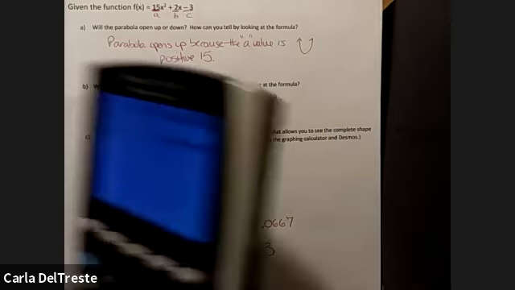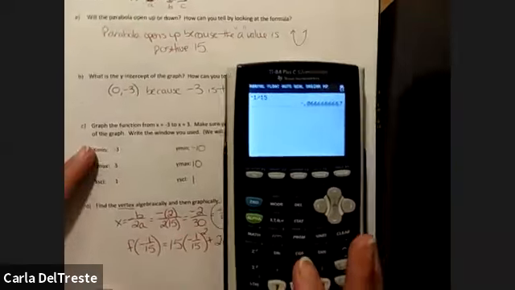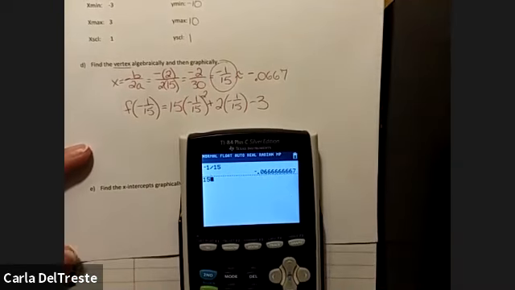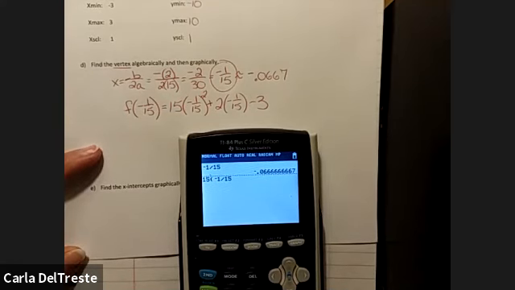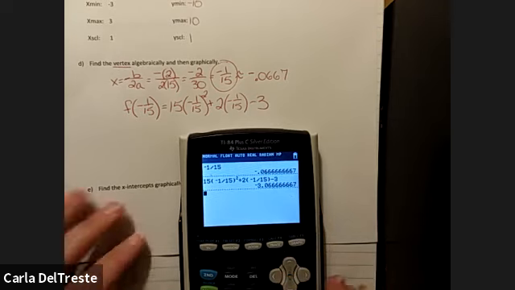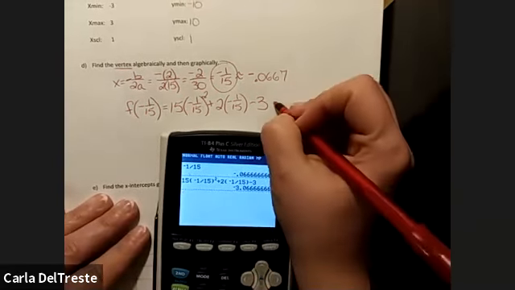So let's do that together on our graphing calculator. I'm going to type in 15, open parentheses, -1 divided by 15, close parentheses, squared, plus 2, open parentheses, -1 divided by 15, close parentheses, and then -3. And I'm going to hit enter. Now that's going to give me an ugly output. I can write that here just so I can document what I'm getting.